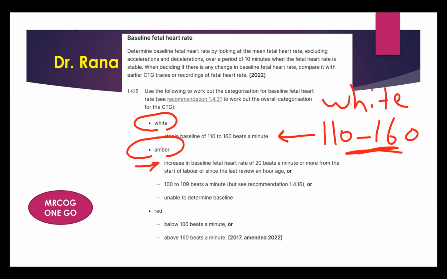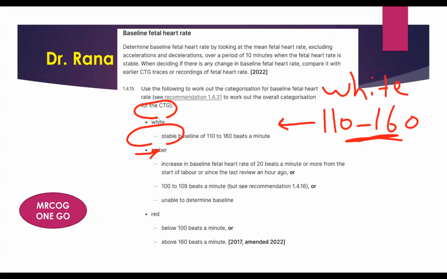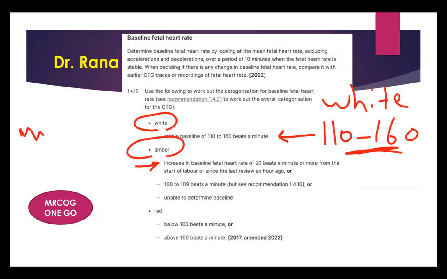For example, we have a baseline of the fetal heart rate that is around 130. Now this basal heart rate jumped up to 160, or 159, just to stay in the white.